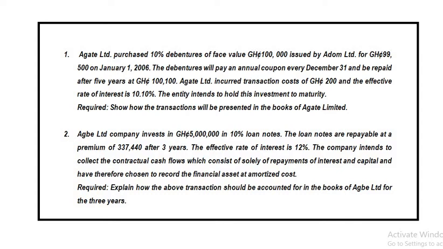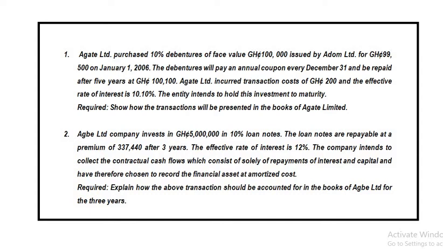So let's identify the most important aspects of this question. First, note that there isn't any transaction cost stated in this question. Another thing we can notice here is that there is a premium.